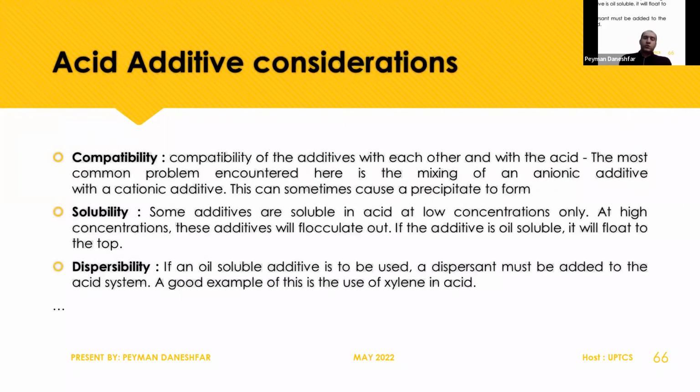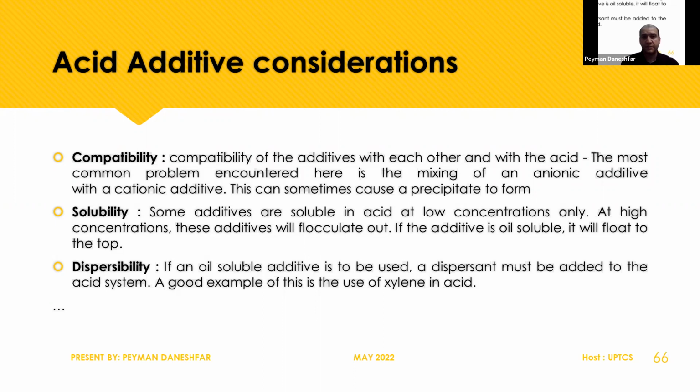When we want to use an acid additive, we should check some considerations about compatibility, solubility, and dispersibility. Why compatibility? Because when we use an additive from some company, we should check it with our acid, because maybe this additive isn't compatible with our other additive.